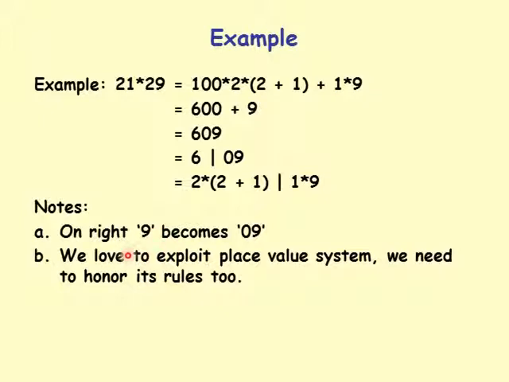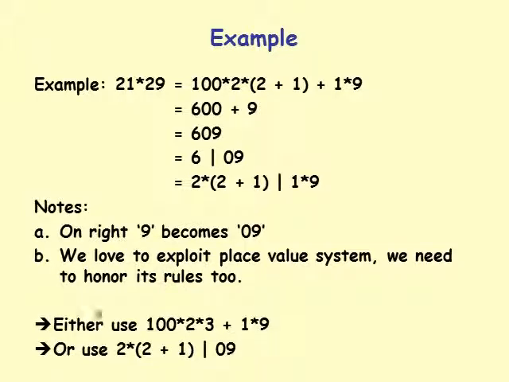Note that on the right, 9 becomes 09. Okay, we love to exploit the place value system, and we also need to honor its rules. Okay, continue here. So either use 100 times 2 times 3 plus 1 times 9, or use 2 times 2 plus 1 and on the right 09.